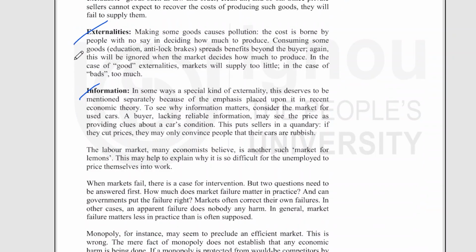And externalities: making some goods causes pollution, and the cost is borne by people with no say in deciding how much to produce. Consuming some goods, such as education and anti-lock brakes, spreads benefits beyond the buyer. Again, this will be ignored when the market decides how much to produce. In the case of good externalities, markets will supply too little. In the case of bad, too much.